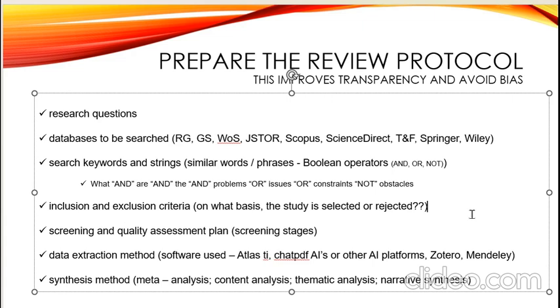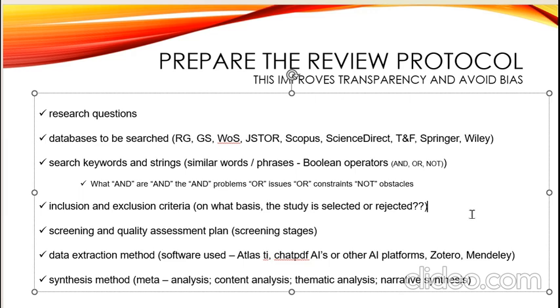Third criteria is the paper should be a journal article, not gray literature. Gray literature means unpublished government reports or manuals or anything like that. So papers published only in journal publications are going to be selected. That is included. Other than that, all are excluded.